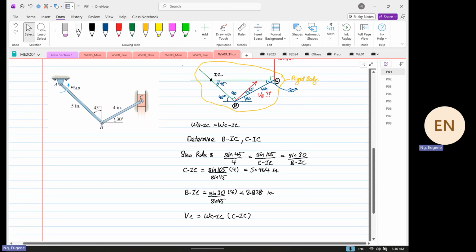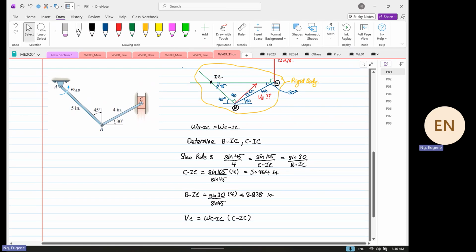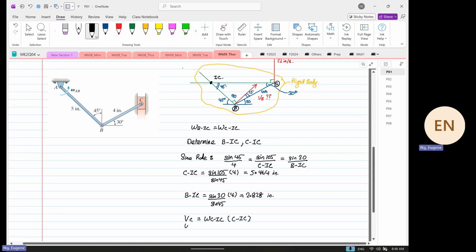So VC is equal to 12, so omega CIC will be equal to 12 divided by C to IC, which is 5.464. And this will be equal to 12 divided by 5.464, which is 2.196 radians per second.